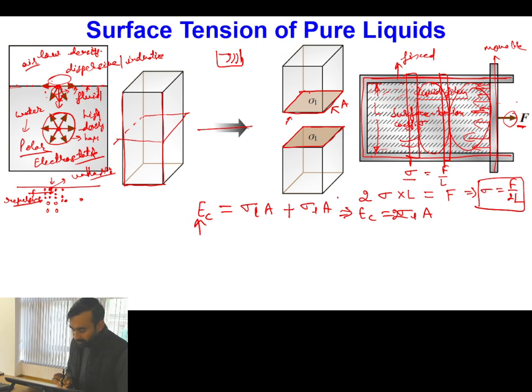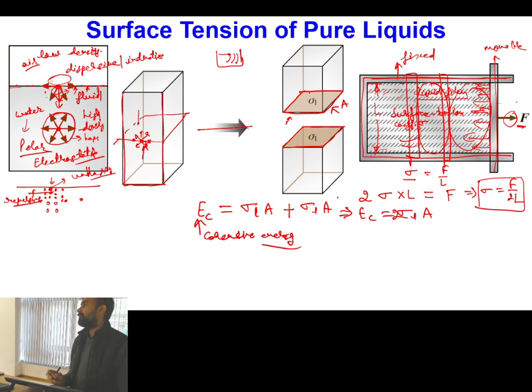This liquid column on the top side and the bottom side had the same type of molecules. So these molecules were of the same nature, and the forces acting on these molecules were of equivalent nature. So it means these molecules were of cohesive nature. So whatever energy I have invested here, I can call it cohesive energy.